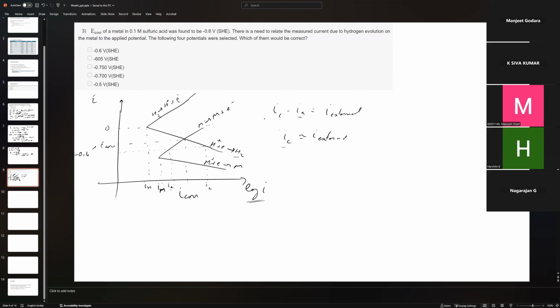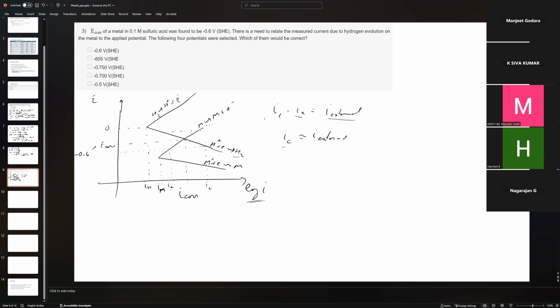If we had gone in the other direction, to a less negative value, the anodic current would be higher than the cathodic current, and the external current we measure would be the anodic current.